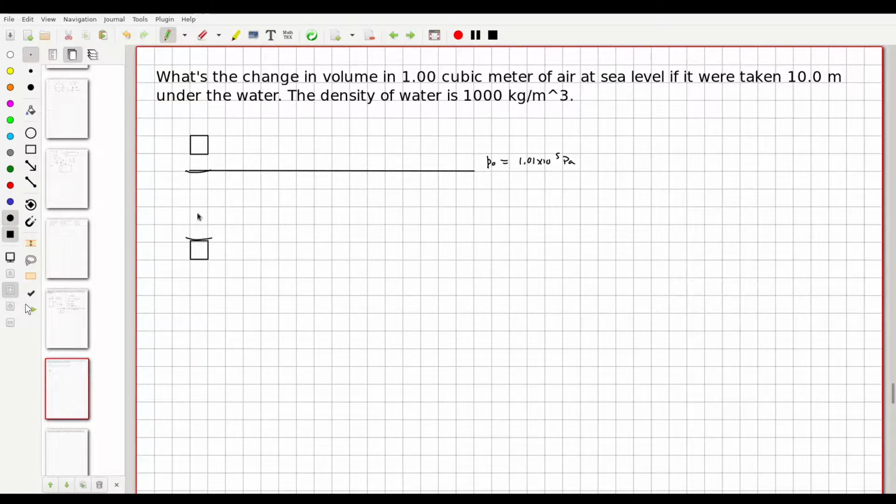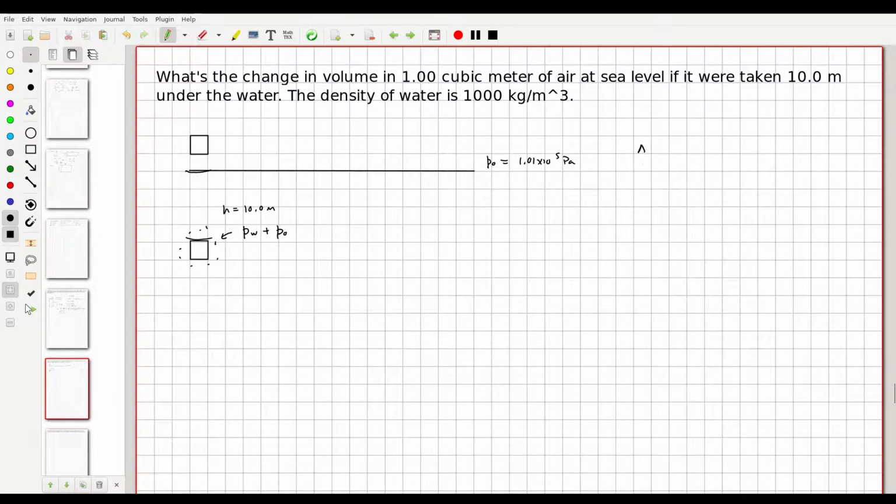Because water is a fluid, the pressure is not just here, the pressure's here, the pressure's all around, which will make more sense to us when we have a good conversation about fluids, which will be later on, like I said. So I'm going to call this distance that this thing is under the water h. That's 10 meters. The pressure that this cube of air is going to experience is the pressure due to the water plus the pressure of the air sitting above it.